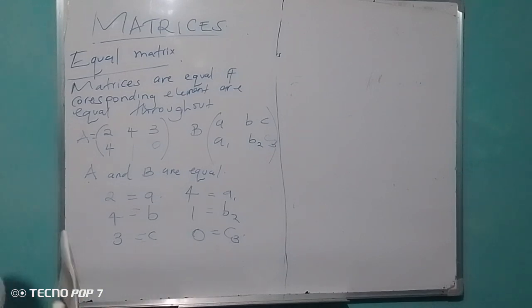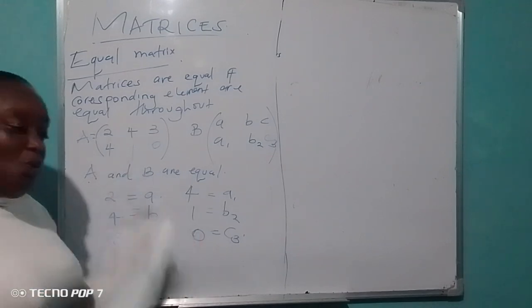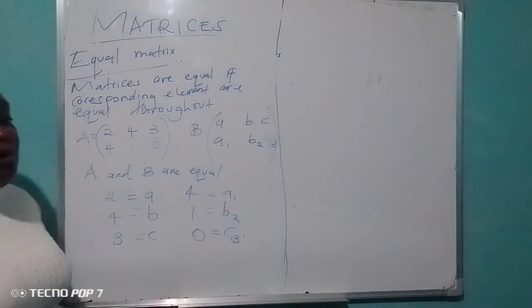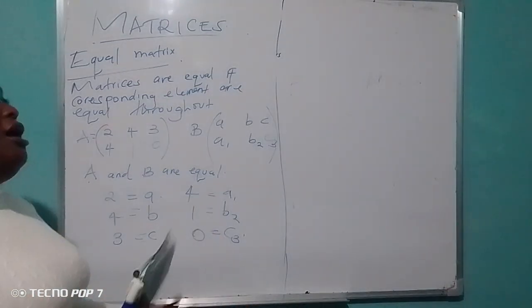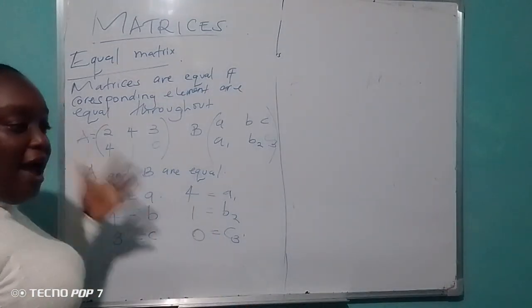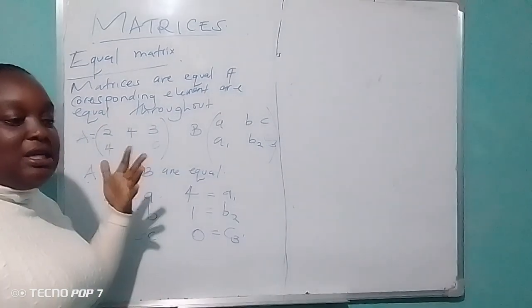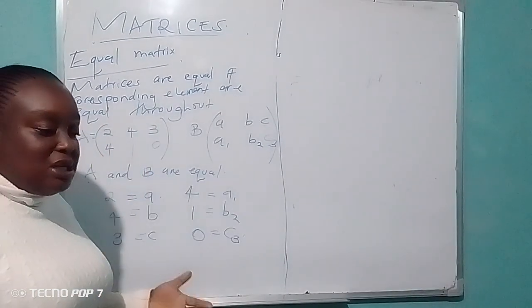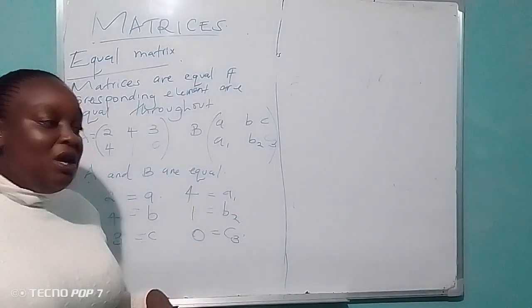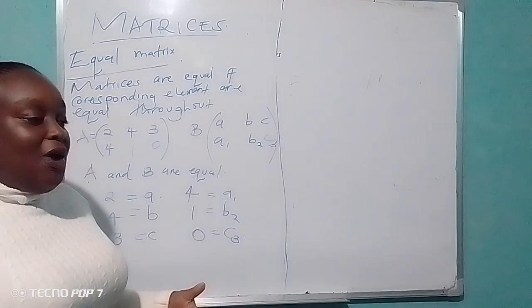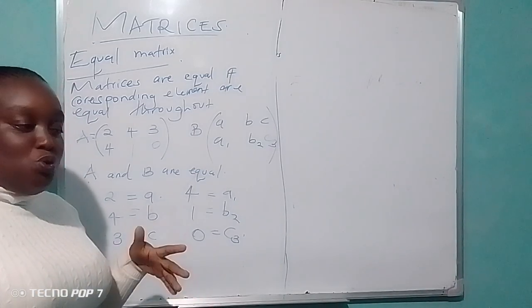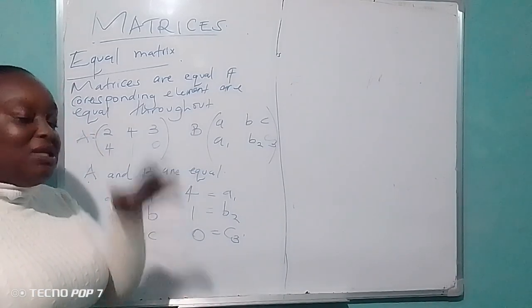Then after we've known about what a matrix is, what an element is, let us now do addition and subtraction of matrix. But in this lecture, we will do a 2 by 2 matrix throughout.